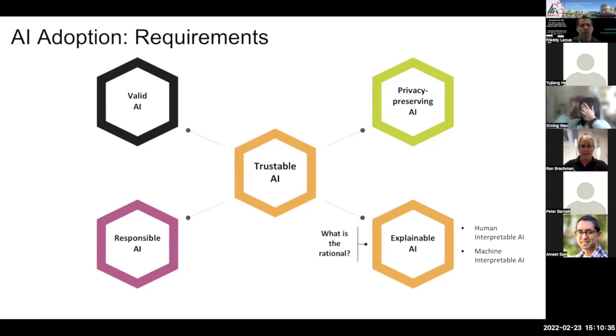Any system that embeds models or algorithms built on top of data, or built on top of knowledge representations or planning techniques, should be trustable. We should be able to trace the rationale, the reasoning, or the learning mechanism, and people should be comfortable trusting a system that makes decisions on top of data or whatever reasoning mechanism. That's the trustable AI dimension.